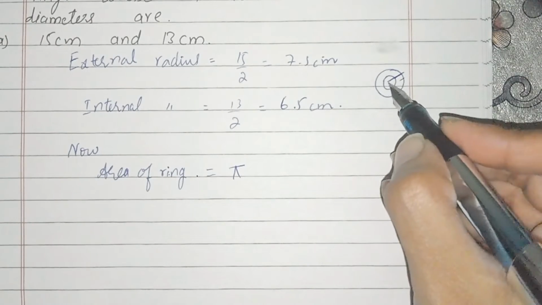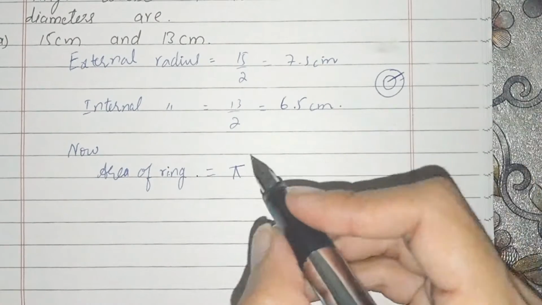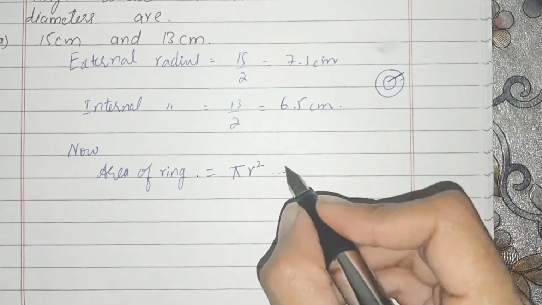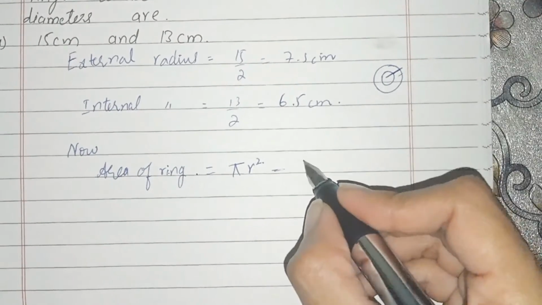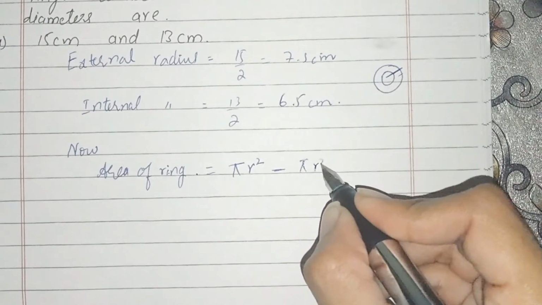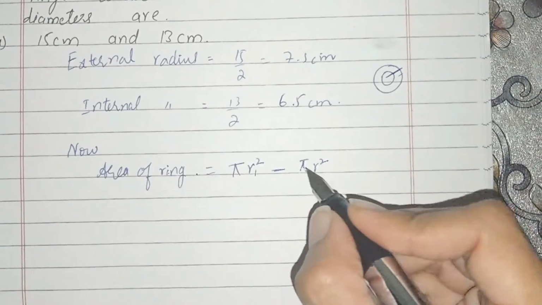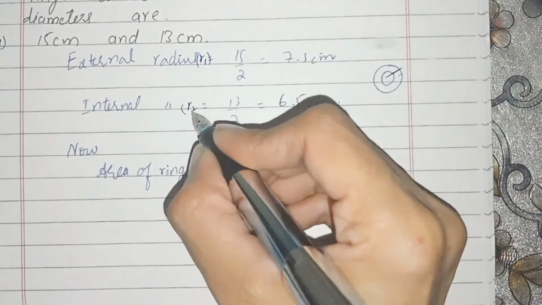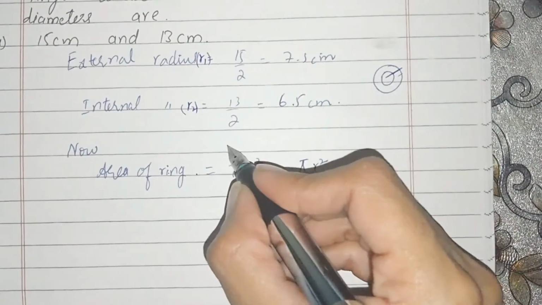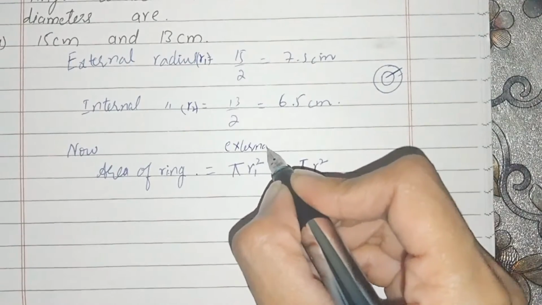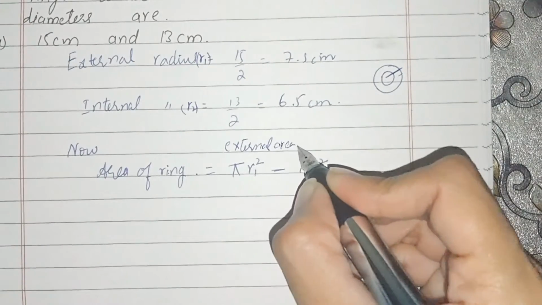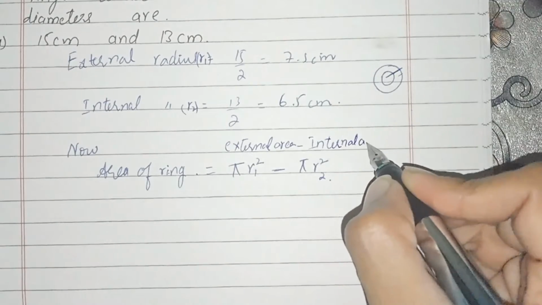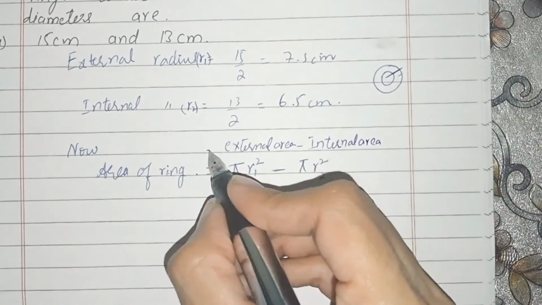We have to write first the external area, which is pi r square, minus the internal area, pi r square, differentiated by r1 and r2. This is the external area minus the internal area. We get the area of the ring.